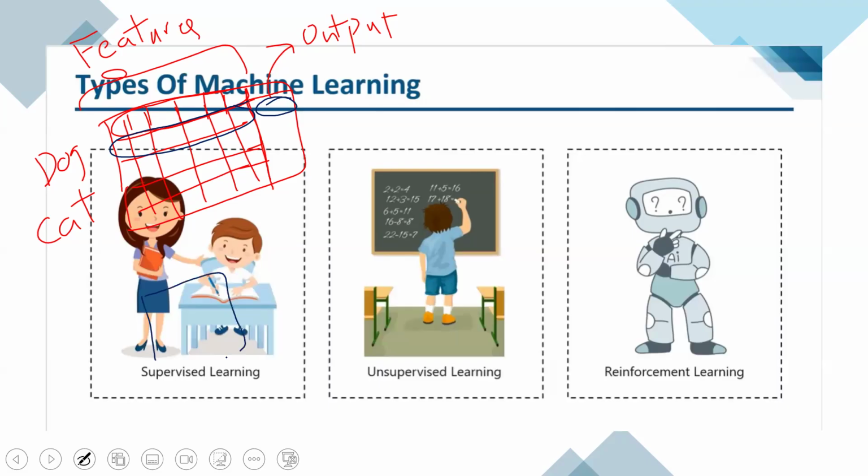To the algorithm, you're giving the input and you're also giving the output. Input is nothing but the features, and output is the label in the data matrix. Let's suppose X is the input and Y is the output.